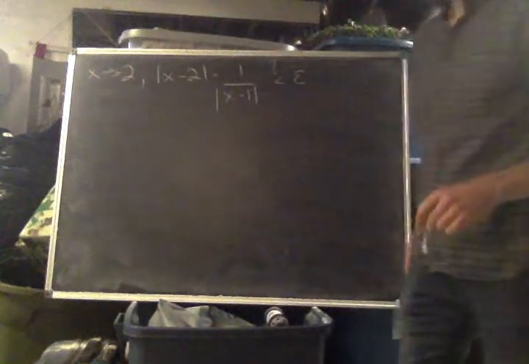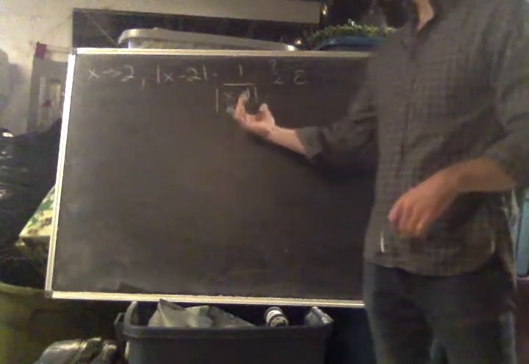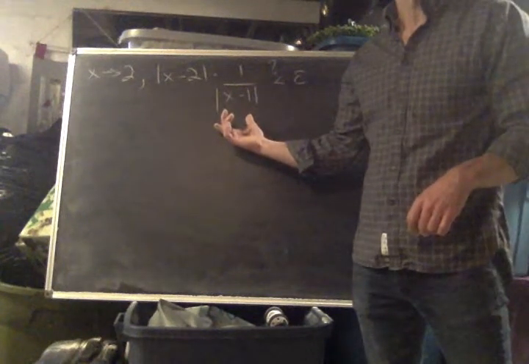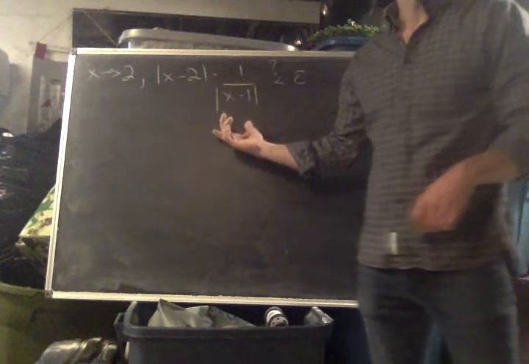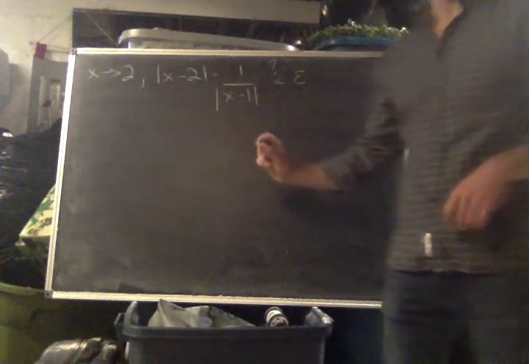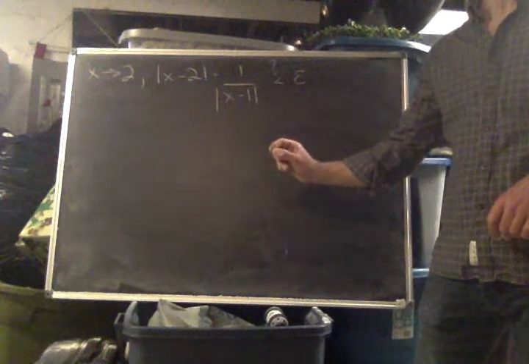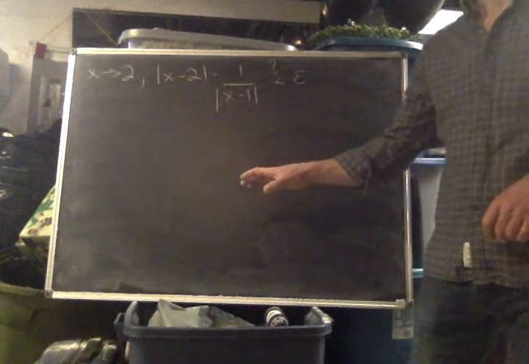And here, x is approaching 2, okay? In other words, this is the thing you can control, and then here's this other thing that might be a nuisance, okay? If you look at the solution in the textbook, they take one of these initial stabs at a delta 1, and the delta 1 they choose is 1/2.